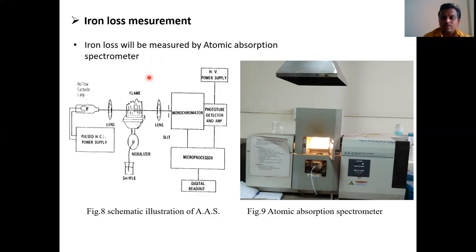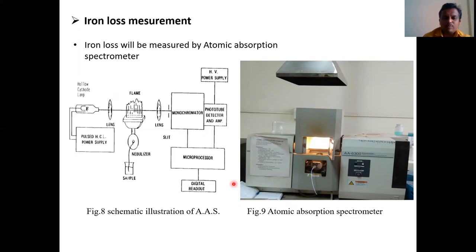After completion of the experiment, we get some iron particles in that 3.5% NaCl. From that solution, you can directly measure the iron content. It is a direct method to find out the corrosion rate, and the iron content can be measured with the help of the atomic absorption spectrometer.